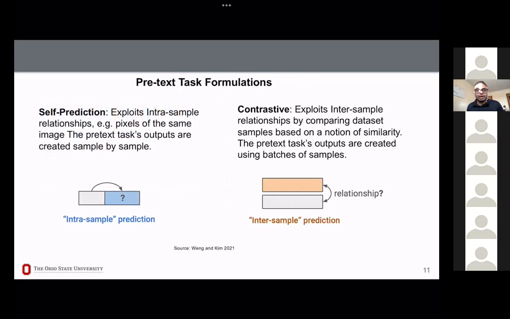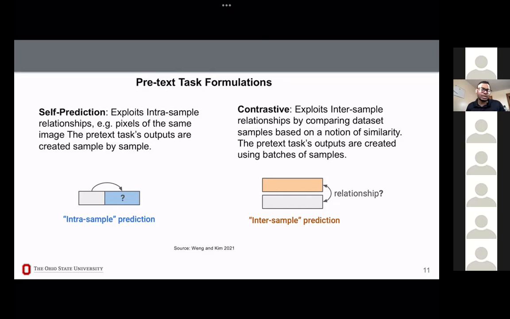Now, pretext task formulations. There are two big categorizations. By the way, if you read the survey papers that I gave or any other surveys, the taxonomy of contrastive or self-supervised learning is not established yet.